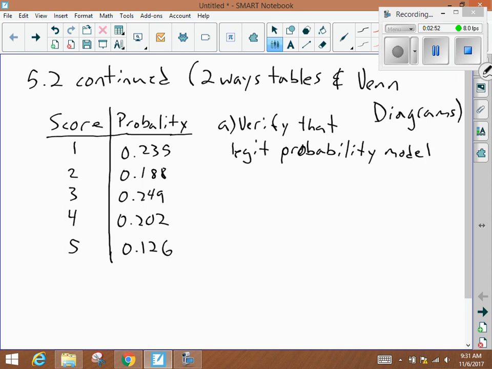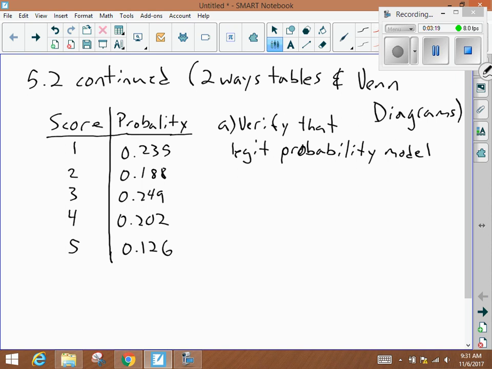All right. What are our rules for probabilities? The main rule is probability has to be between 0 and 1, right? So if I was to add this up and I was to get an answer greater than 1, it would not be a good probability model, would it? All right.